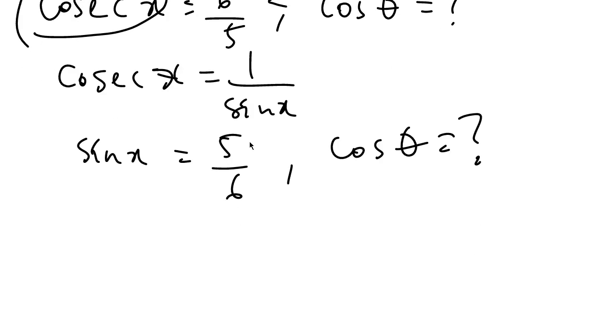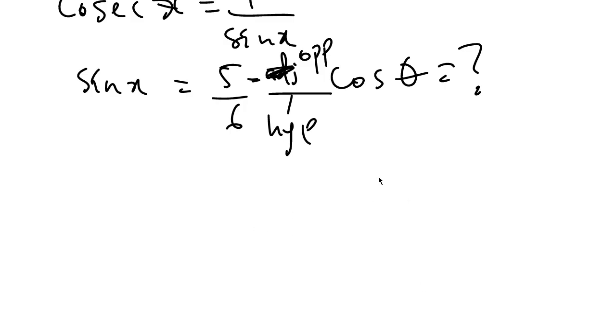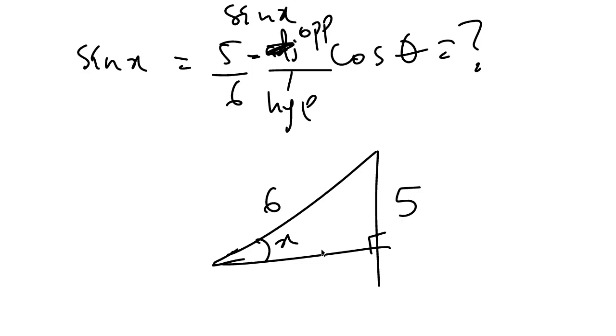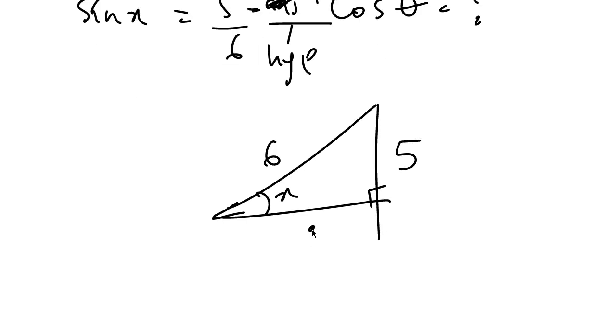And then knowing that sine x is equal to the opposite over the hypotenuse, what we then have is constructing a triangle, and let's call here x, and here 6, and here 5, because 5 is opposite to x, right? And then what we need to get is here.